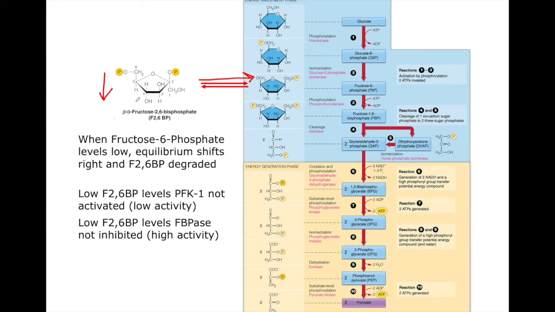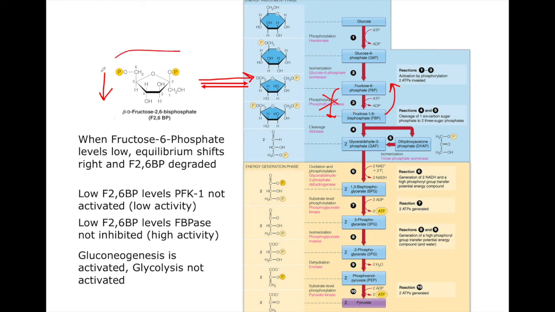So we're removing the inhibitor, so that's going to cause the enzyme fructose 1,6-bisphosphatase to begin to become more active. Well, what's the net effect? Gluconeogenesis is going to begin to become more active, and glycolysis is going to begin to become less active.